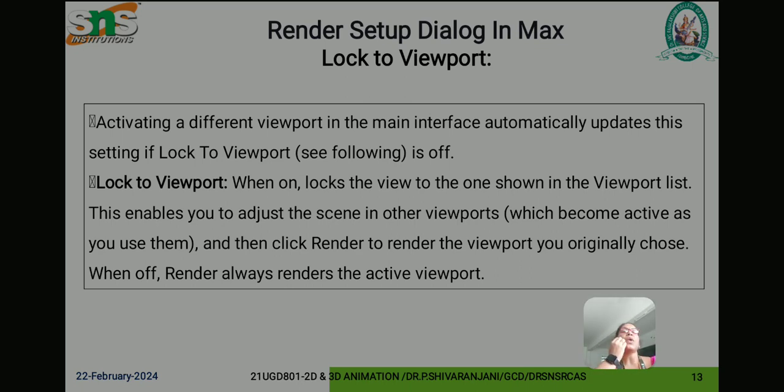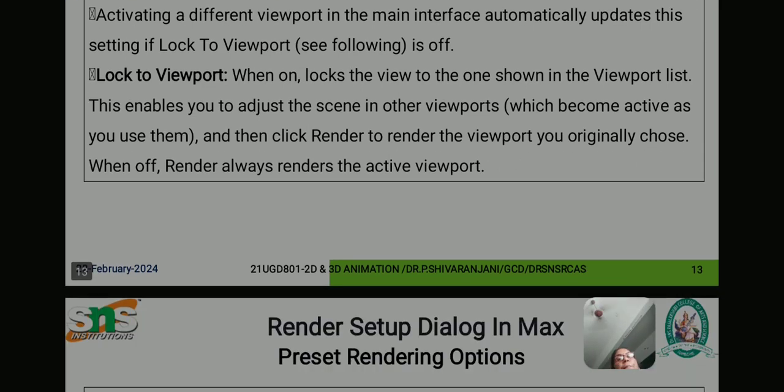This enables you to adjust the scene in your other viewports, which become active as you use them, and click Render to render the viewport you originally chose. When off, the render always renders the active viewport.